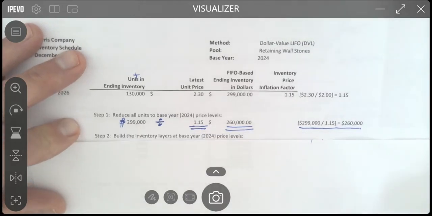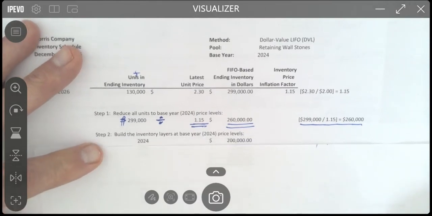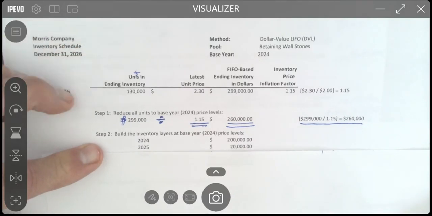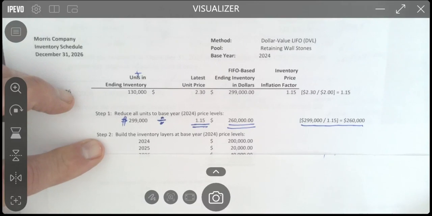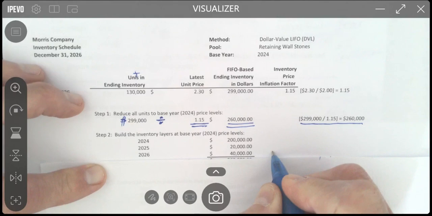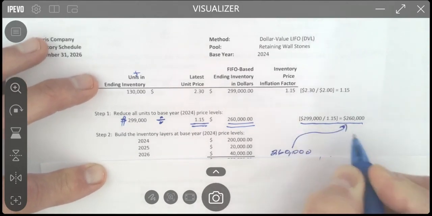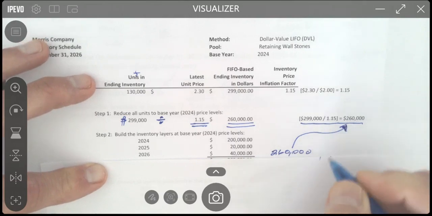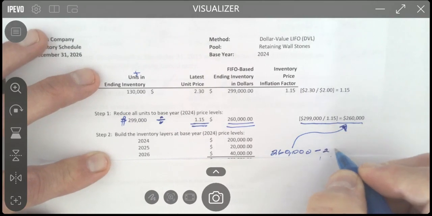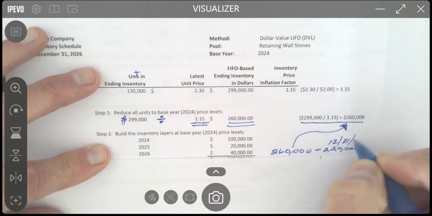Step 2, build those inventory layers again at base year price level. There's 2024, there's 2025. You remember those numbers from the earlier schedule? Now we're going to add 2026. The amount is 260,000 current at 2024 price levels minus 220,000 at 12/31/25.